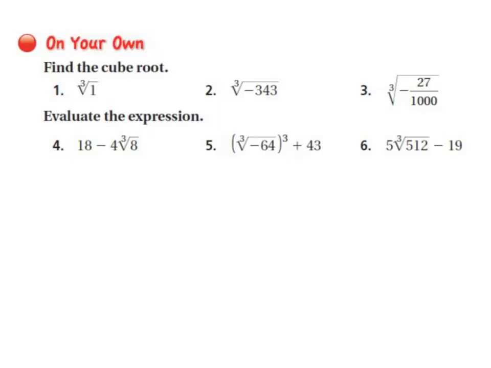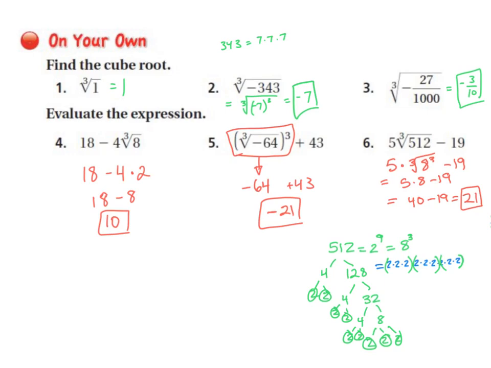Pause the video and see what you can figure out in these 6 practice problems. And here's all the answers. So the ones at the top were ones we'd seen today or had numbers that we'd seen today. The ones on the bottom, take a look at number 6. 512 is a bigger number than we'd seen, or it wasn't the biggest number we saw, but it was a perfect cube that we hadn't noticed before.